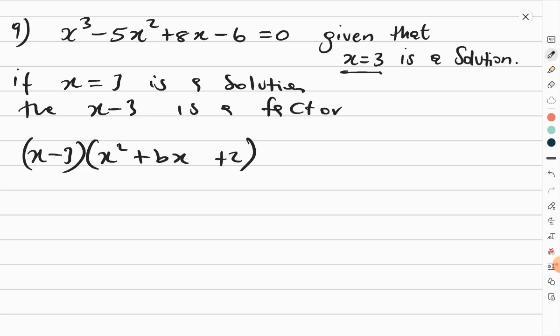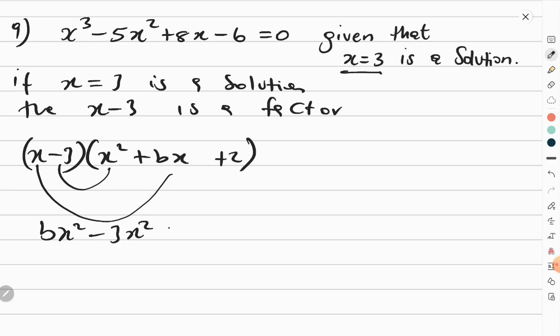Now the idea is we need to apply those values that are going to give you the x squared. So we have x times bx is bx squared. Then we have -3 times x squared is -3x squared.